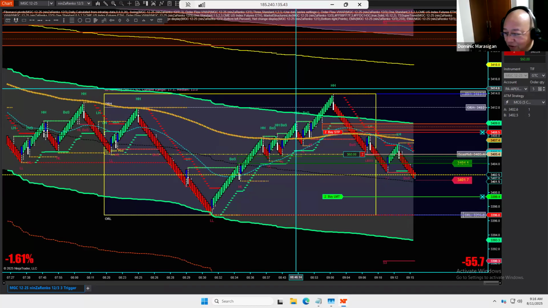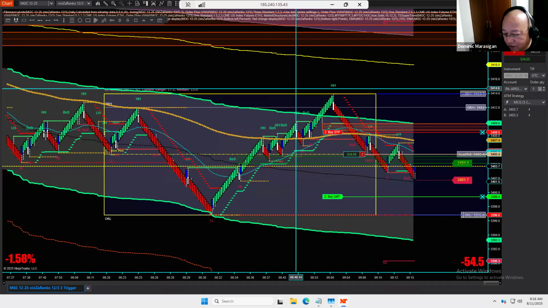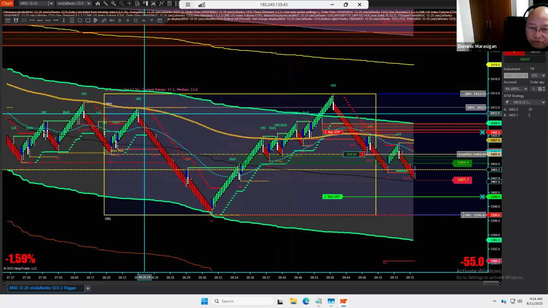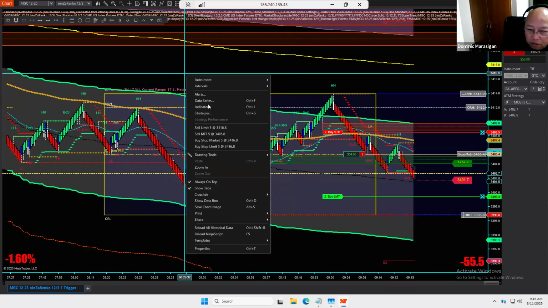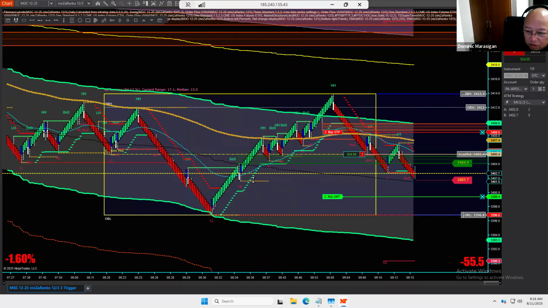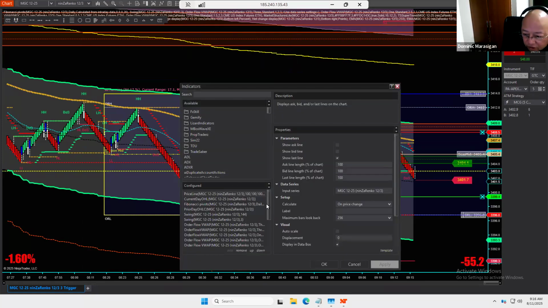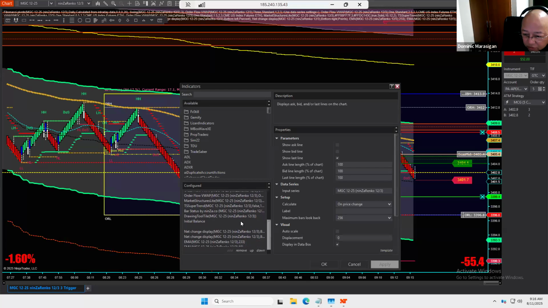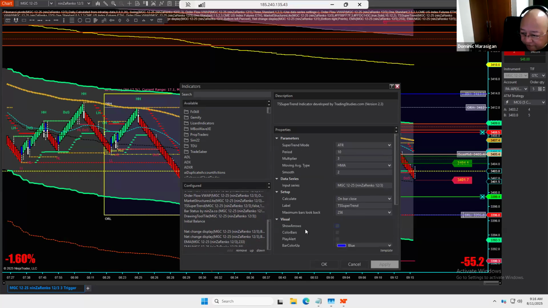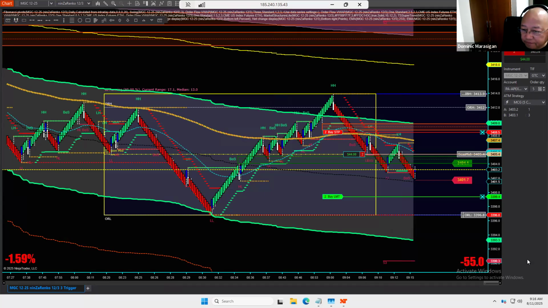Right, so I would take out the coloring of the bars. Go on your super trend right here, and click off the colored bars. Or if you have arrows, you can leave the arrows on, but make sure the bar coloring is not ticked. And you'll see the reversal bars there.